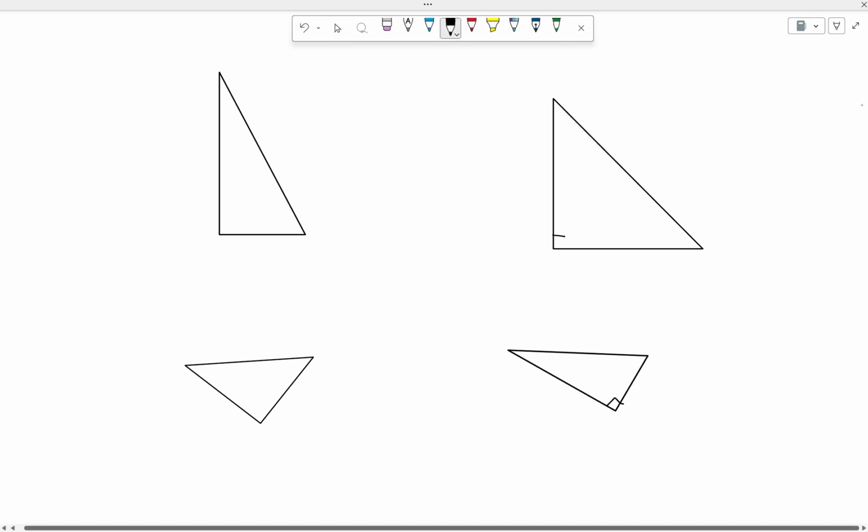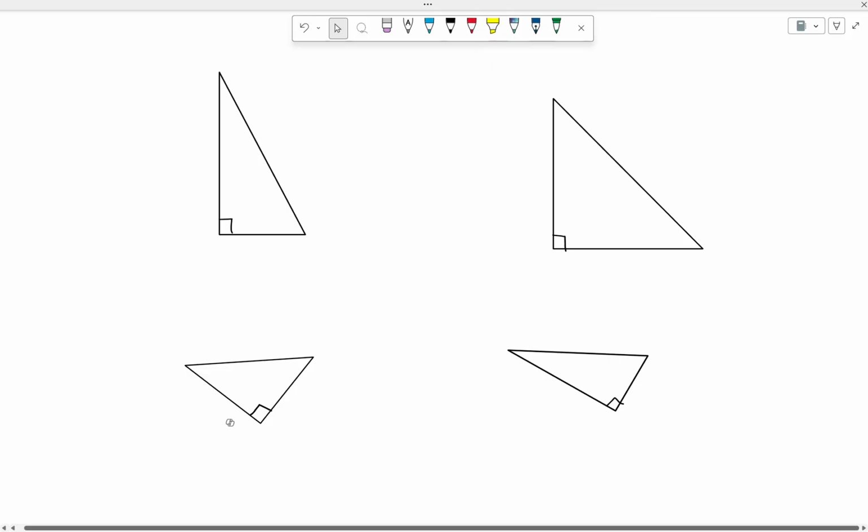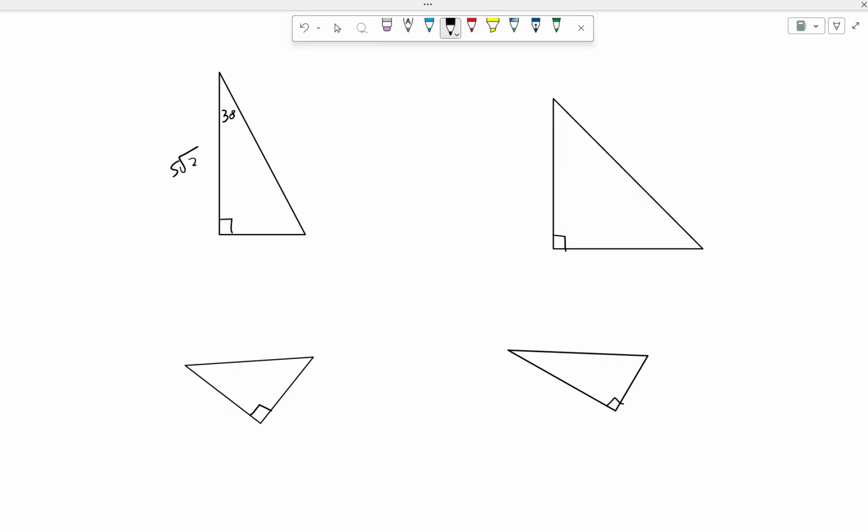Let's draw our 4 right triangles. Let's turn this AutoShapes off for a sec so it's not so crazy. Here's what we got. This is 30 degrees up here. That's this tiny acute angle. This is 5 rad 3. On my next triangle over here, this leg is 20.